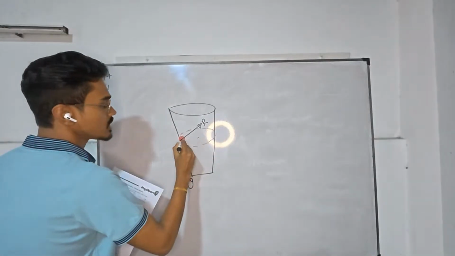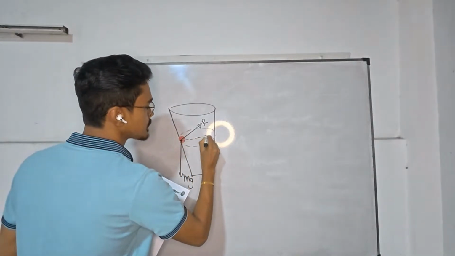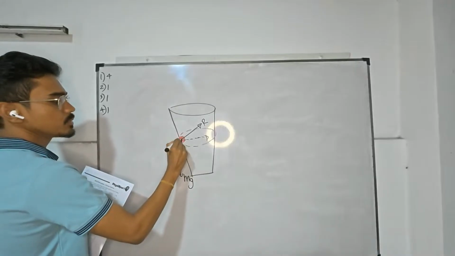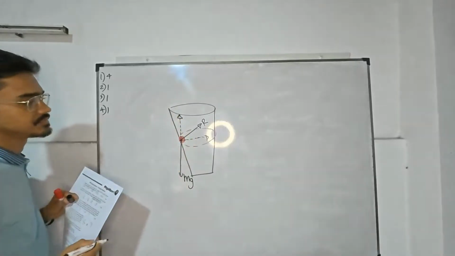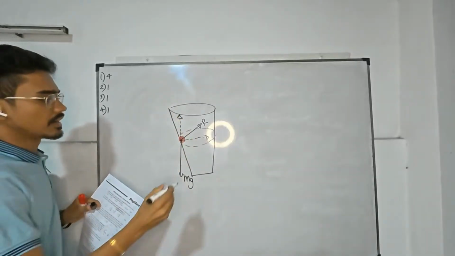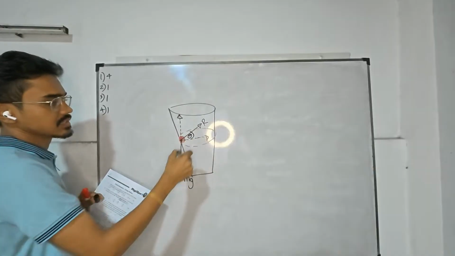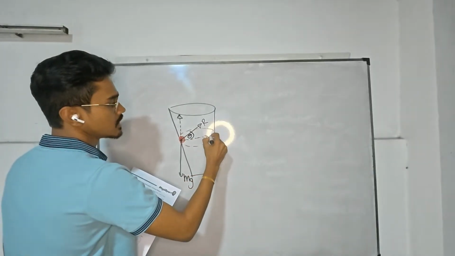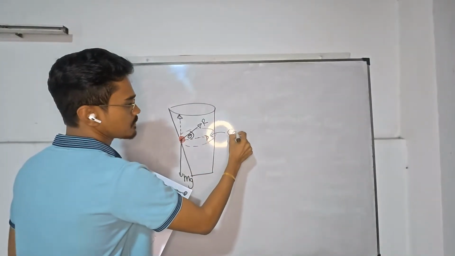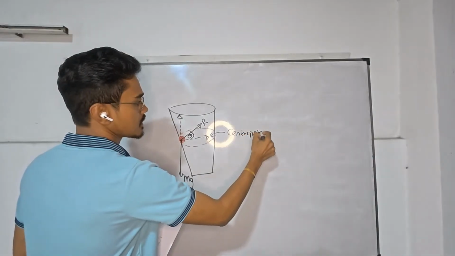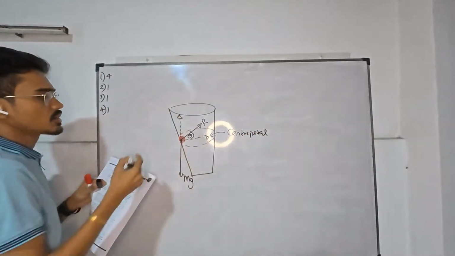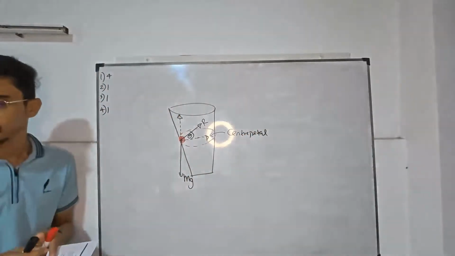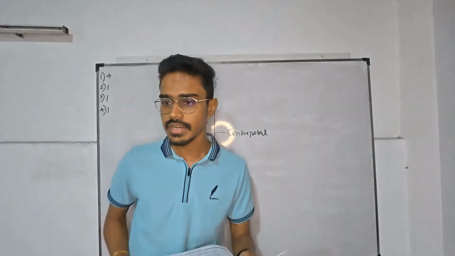So one component of this reaction comes as centripetal force, and the other component counterbalances mg.